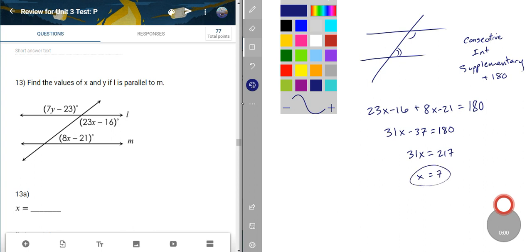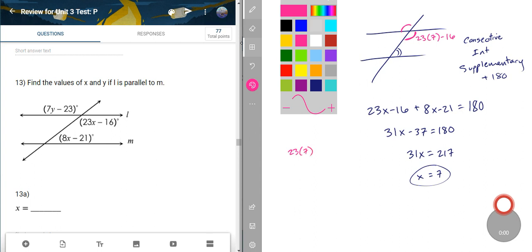Cool. All right. Now I'm going to look here because y is this vertical angle over here. If I can get this angle measurement, then I know it's equal to this one because they're vertical angles. So I'm going to do my 23x minus 16. So we get 23 times 7.